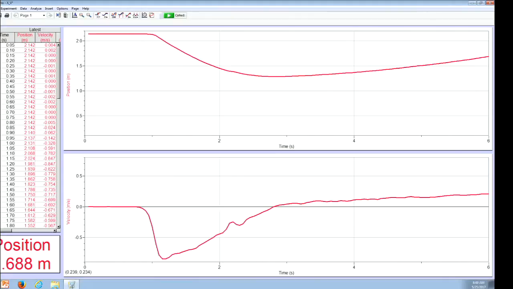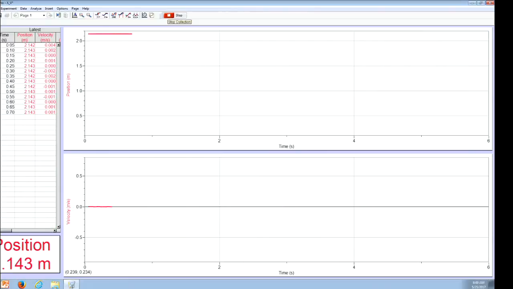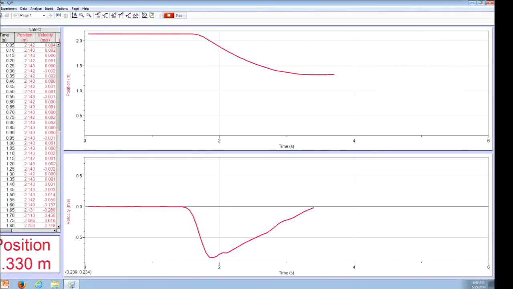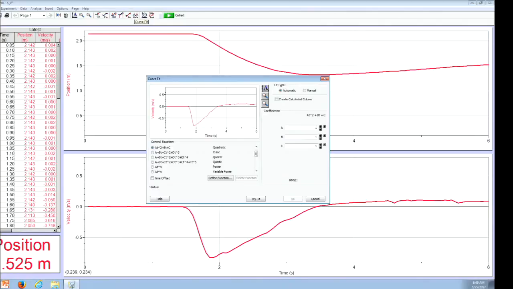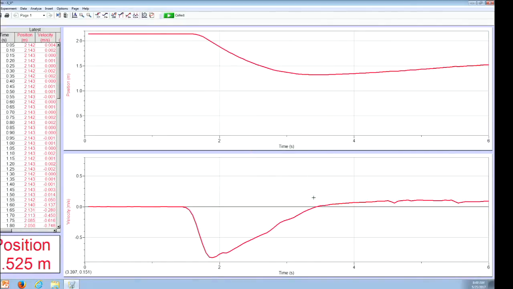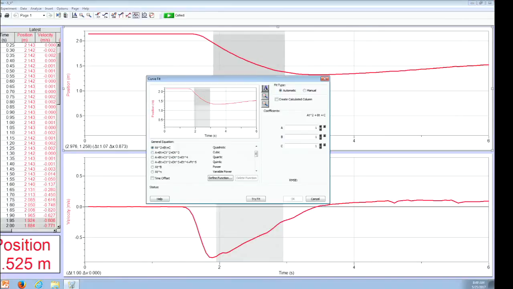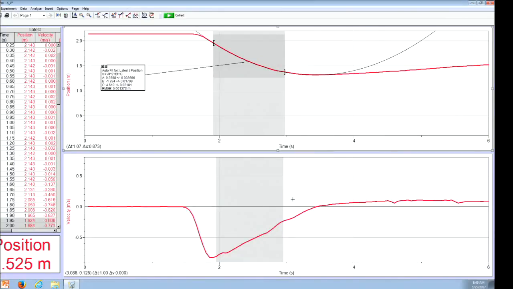Well, again, I think it fell off. It's not a very good parabola, so... Too much friction. Anyway, so this is the part you want to talk about. Oops. I didn't select anything.